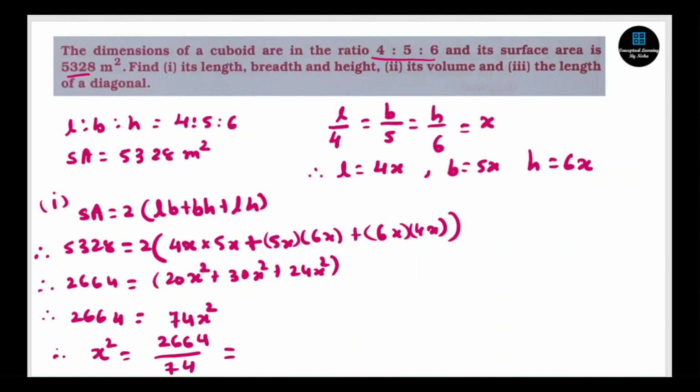When we simplify, we'll get 36, right? We'll get 36 for this, correct? And this gives me x is equal to 6, because negative I cannot take.